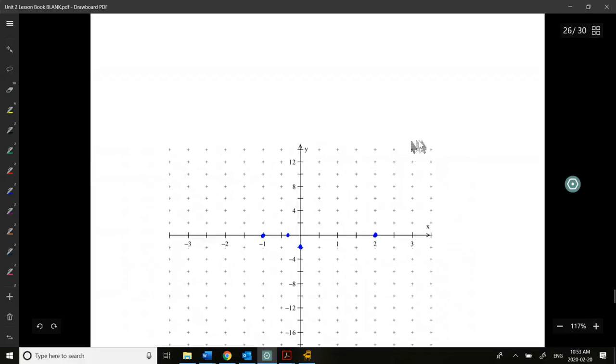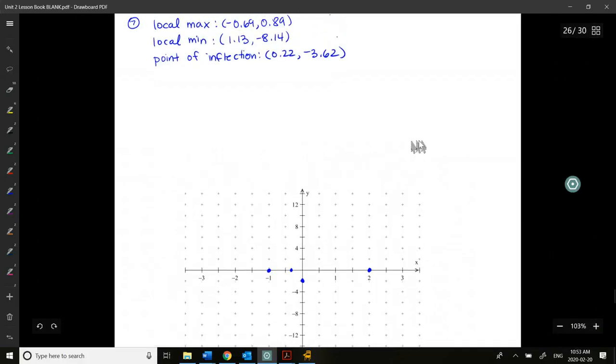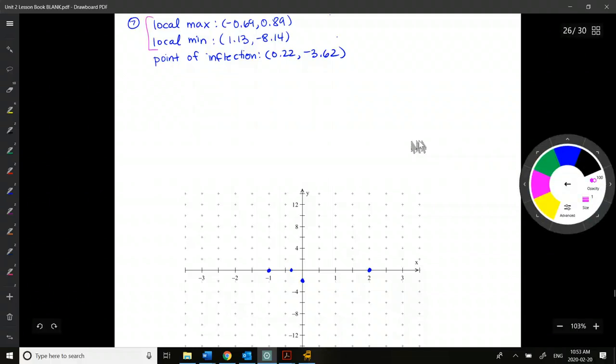I'm just going to zoom out here so that I can see them. There we go. -0.69, 0.89. I'll do the local maxes and local min in pink. Okay, something like that.